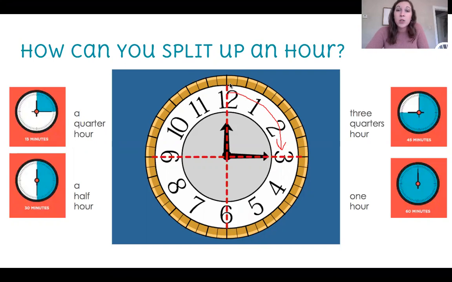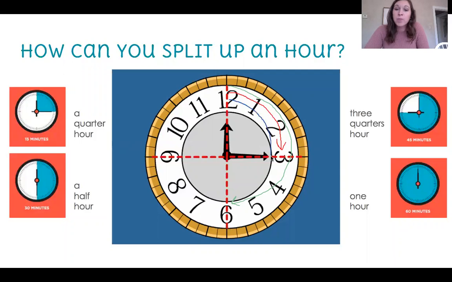Or I might do an activity for 1/4, 2/4. 2/4 is the same thing as 1/2. So we call it a half hour or 30 minutes. You might really like a certain activity and want to do it even longer.